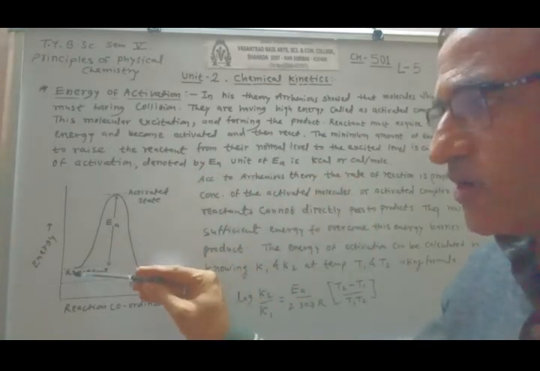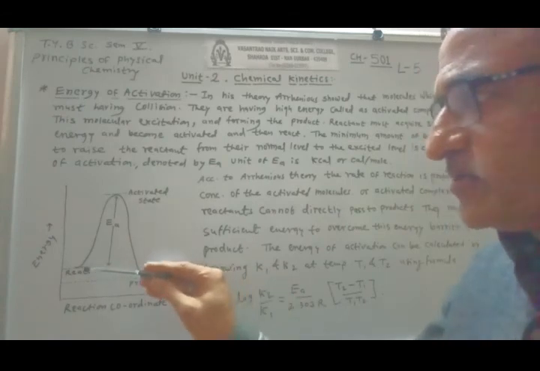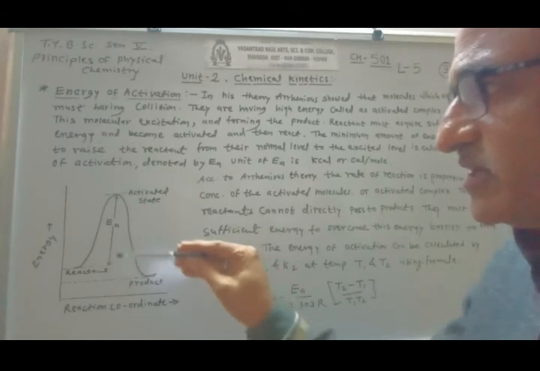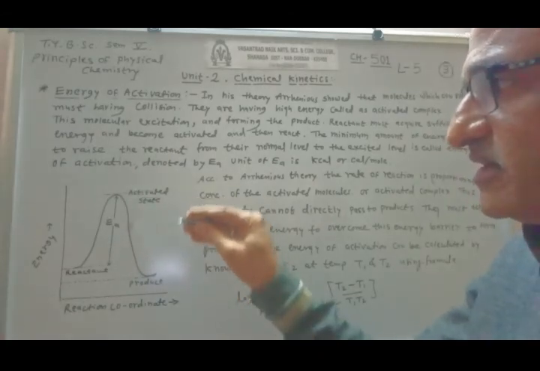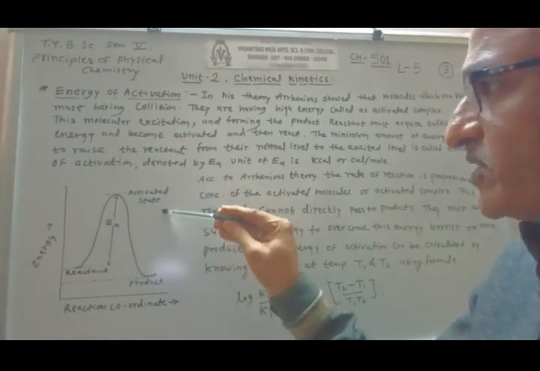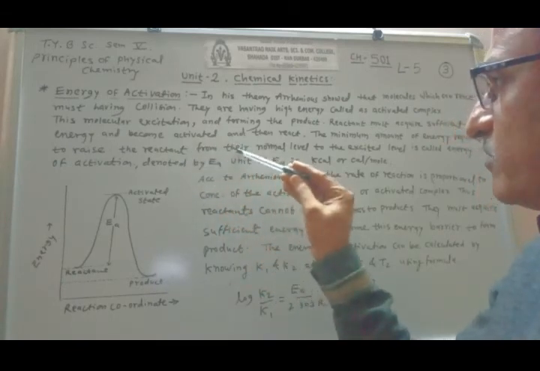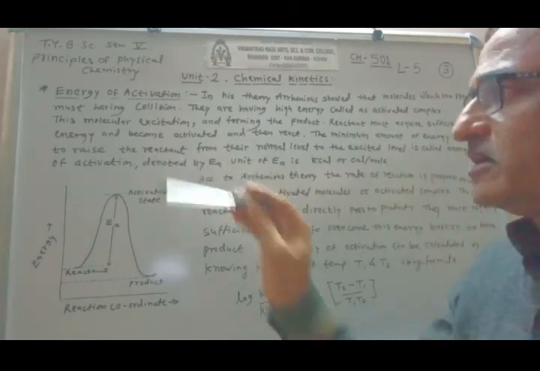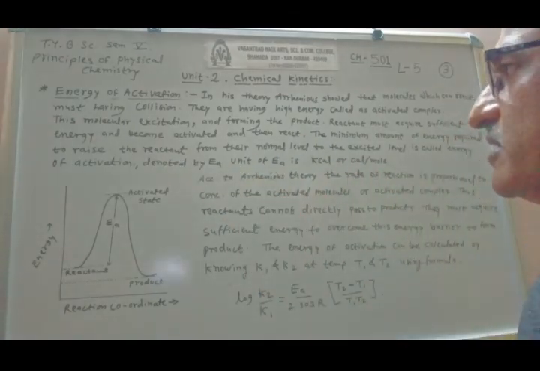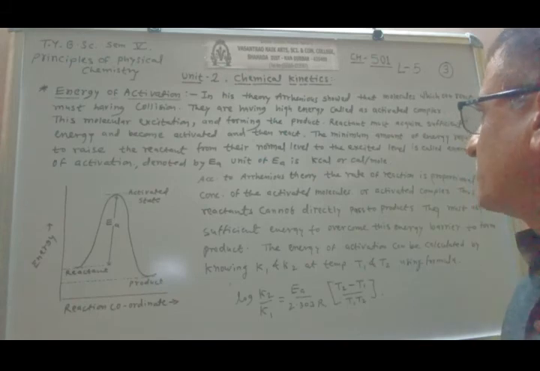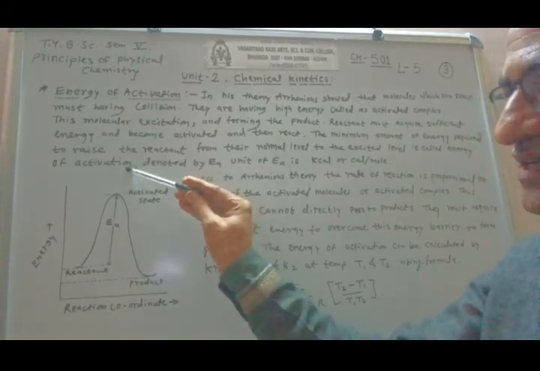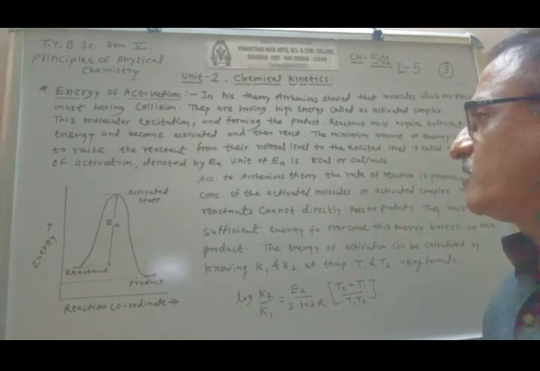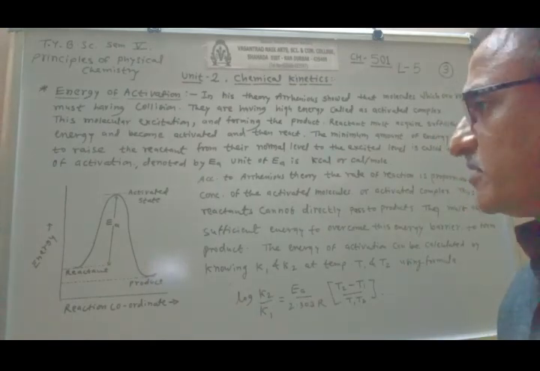So to form product from reactant, it must cross the energy barrier. This is the activated state here, and this is normal. The minimum amount of energy required to raise the reactant from their normal state to the excited state level is called the energy of activation. It is denoted by EA. The unit of EA is kilocalories or calories per mole.